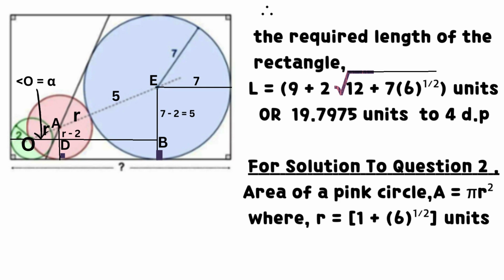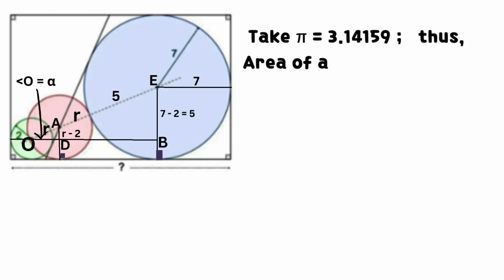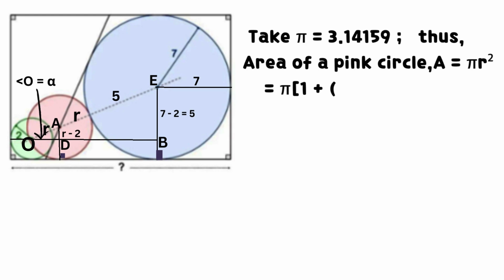Area of the pink circle, A, equals pi times r squared, where r equals 1 plus the square root of 6 in units. Take pi to be equal to 3.14159.